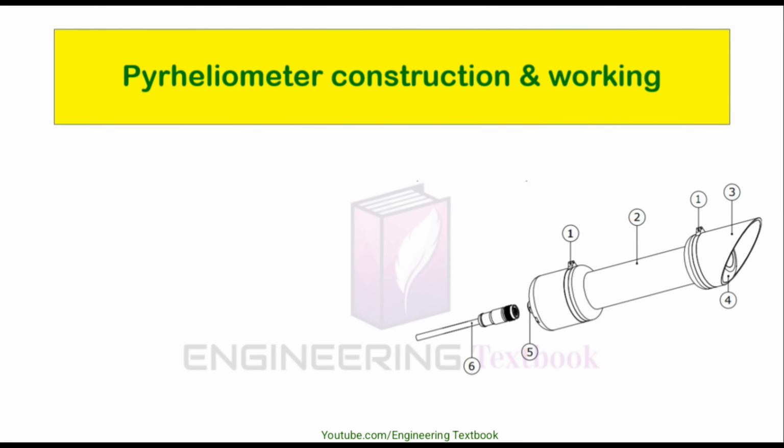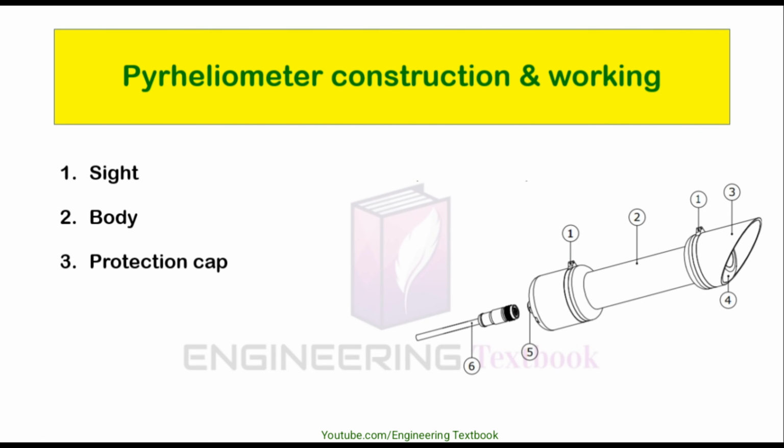Let's see the construction and working of pyrheliometer. Here is the constructional feature of pyrheliometer, which consists of, first, a sight, which allows the instrument to be pointed to the sun with a solar tracker. Second is the body, which defines the field of view.